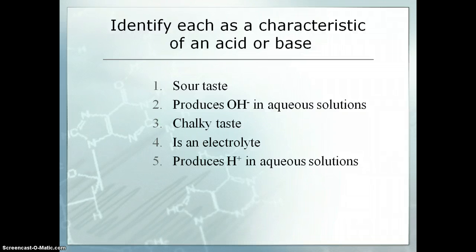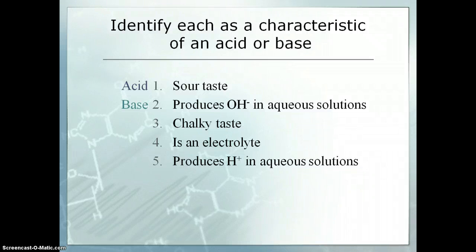So let's think back to our characteristics of acids or bases. Sour taste, okay, like lemons or coffee, is going to be an acid. Our bases produce OH minus ions in aqueous solutions. Remember, aqueous just means in water.